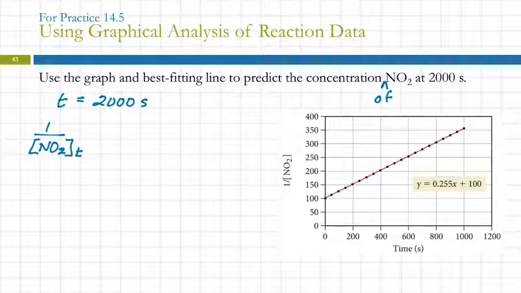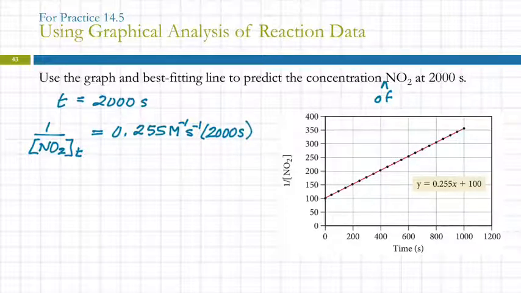At whatever time we're interested in, equals kt, so 0.255, and that was reciprocal molarity, reciprocal seconds, times the time, 2,000 seconds, plus 100. Well, 100 is the initial concentration, but 1 over the initial concentration. So that also has units of M to the minus 1.